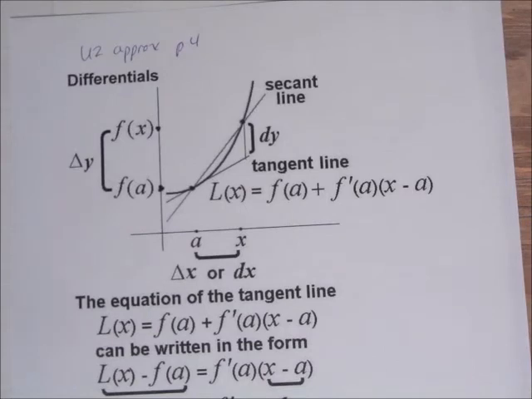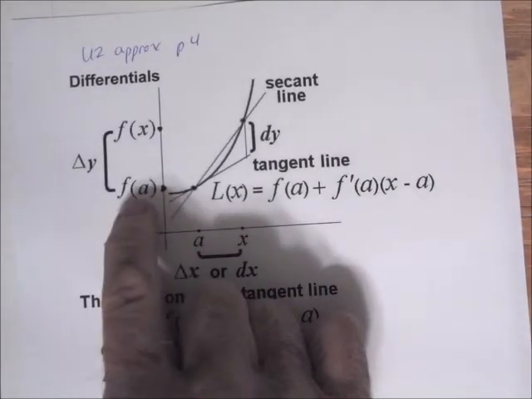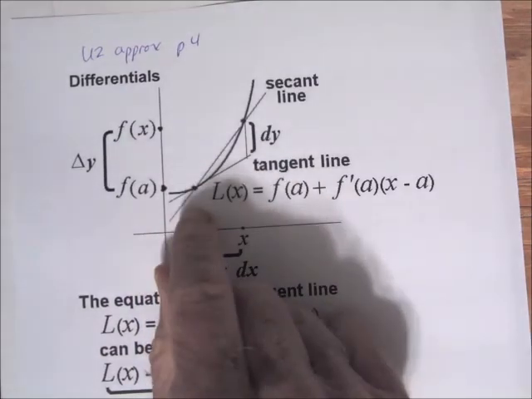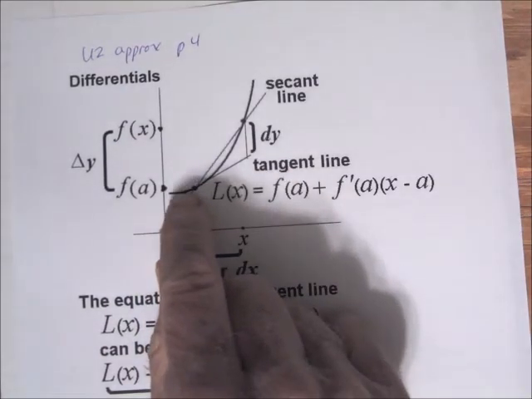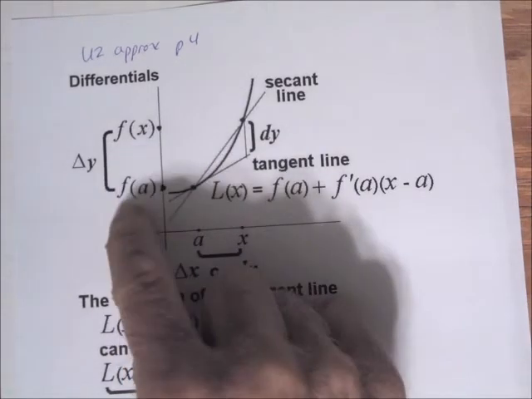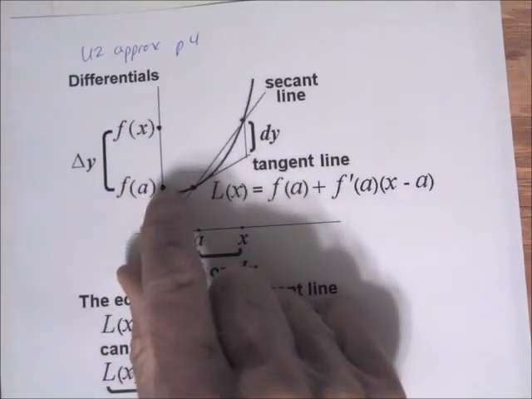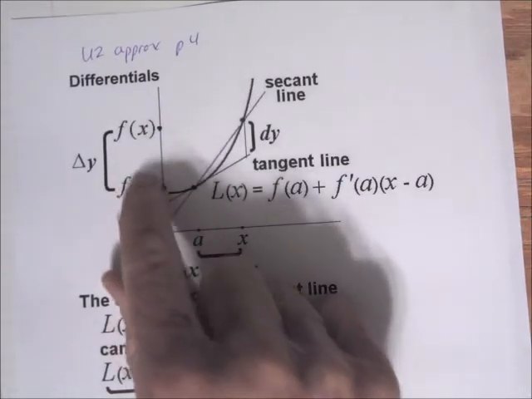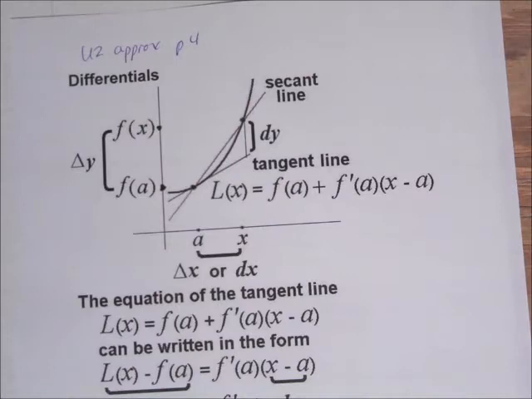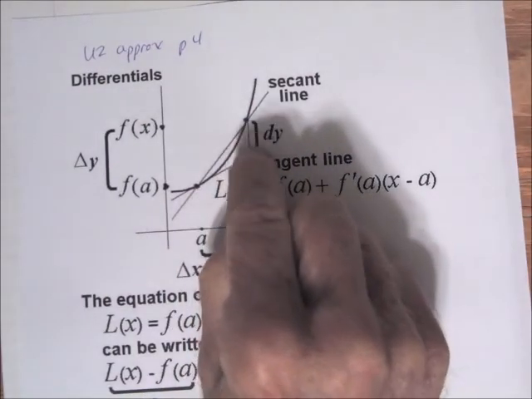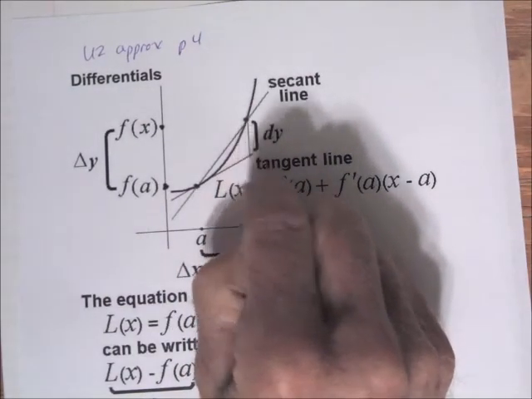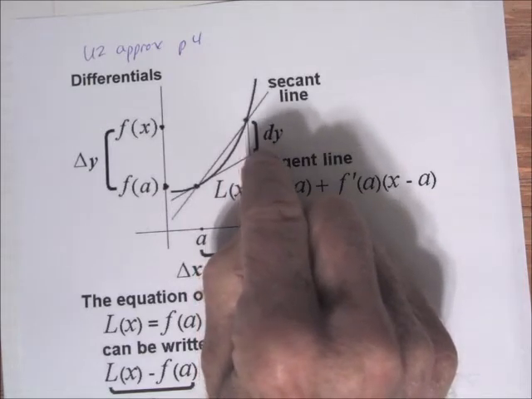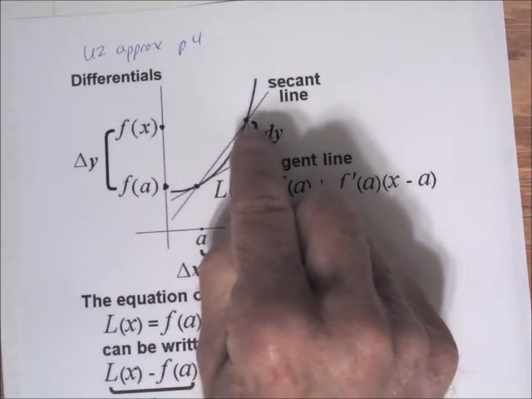If we think of delta y as the difference between f of x and f of a, and dy as the difference between L of x and L of a.